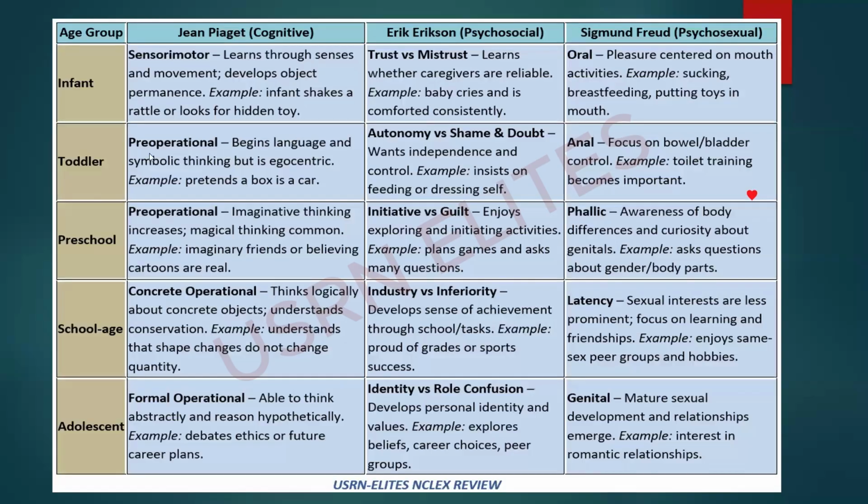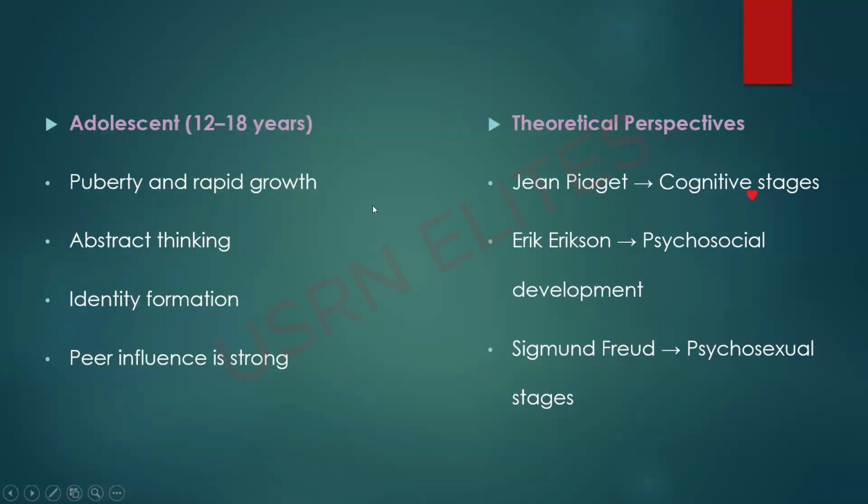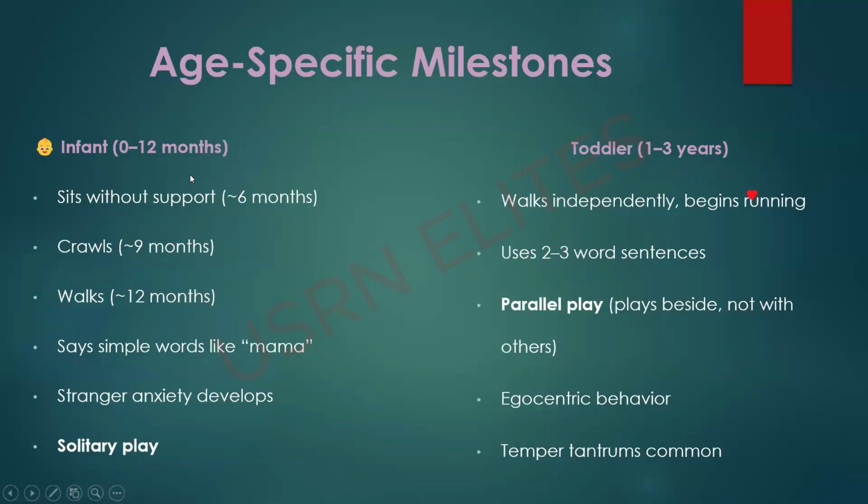All right. Then the next one, for toddlers between 1 to 3, is pre-operational. Here they begin language and symbolic thinking, but it's egocentric. It's like how we digested the stages we went through on the earlier screen; they are all speaking about some of these things.